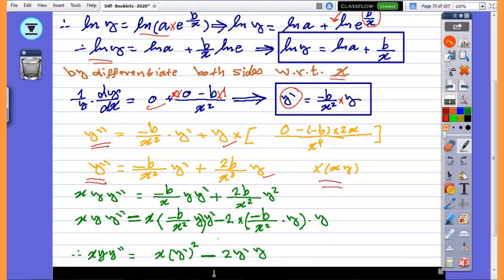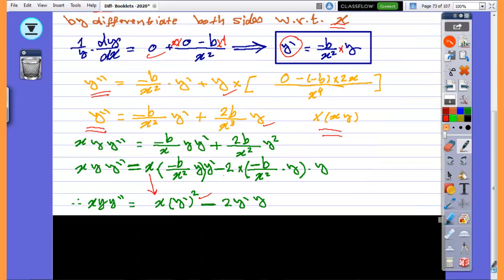So now we can write x negative b over x square y, which is y dash, multiplied by y dash equals y dash all square, which is a part of the required. Negative 2 multiplied by negative b over x square y, which equals y dash, multiplied by y.